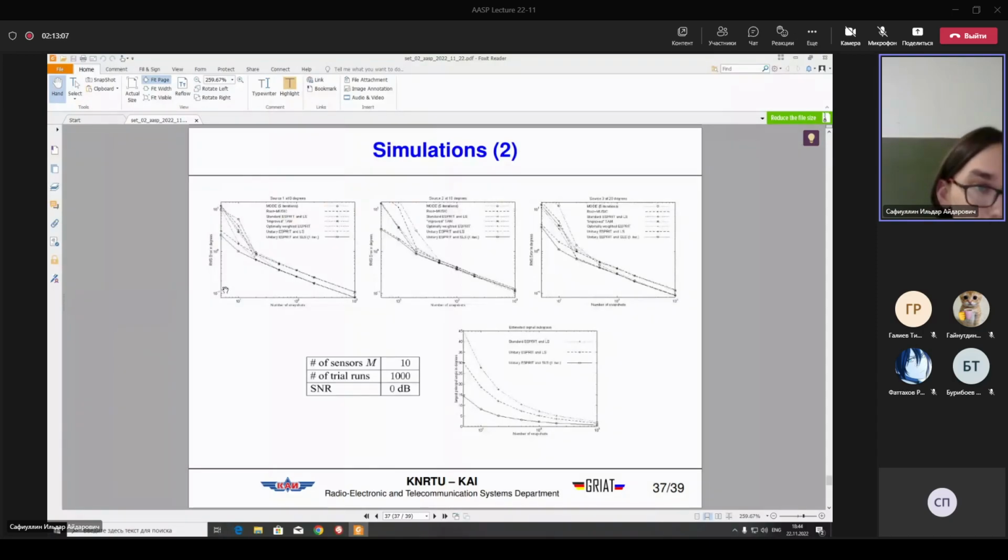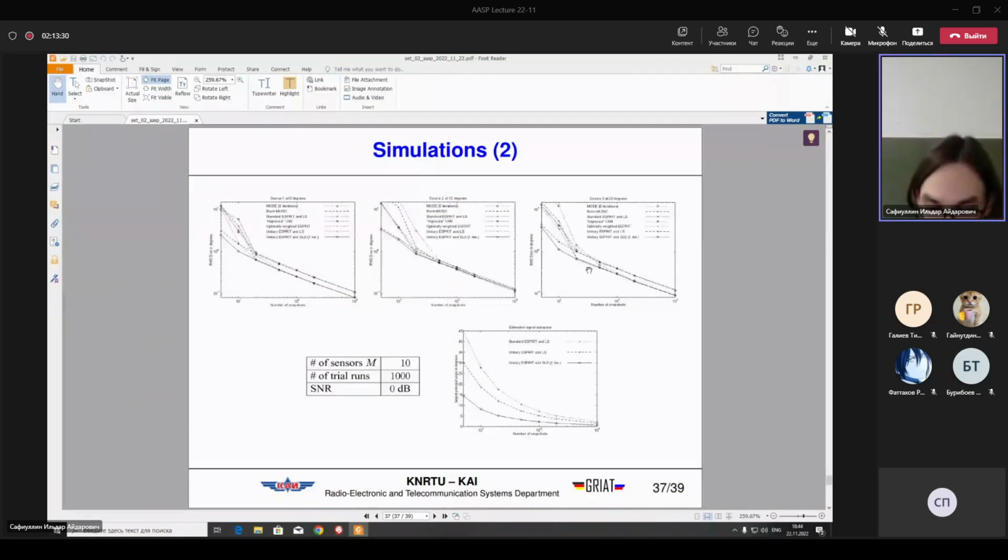So the same root mean square error for direction of arrival, but now over the number of snapshots, and the best results as before are for unitary ESPRIT with SLS.